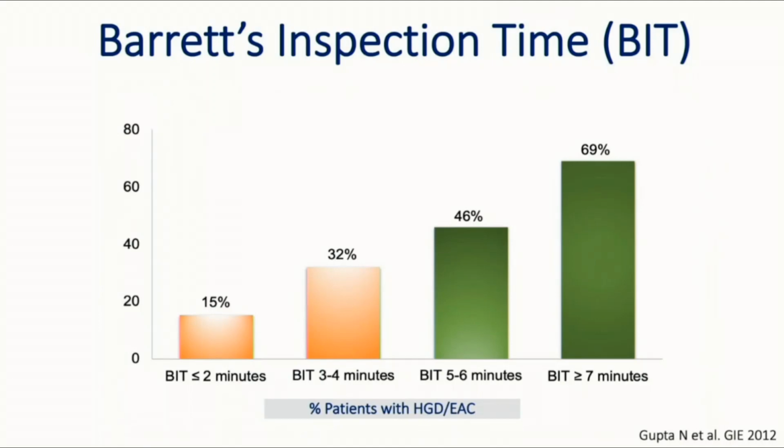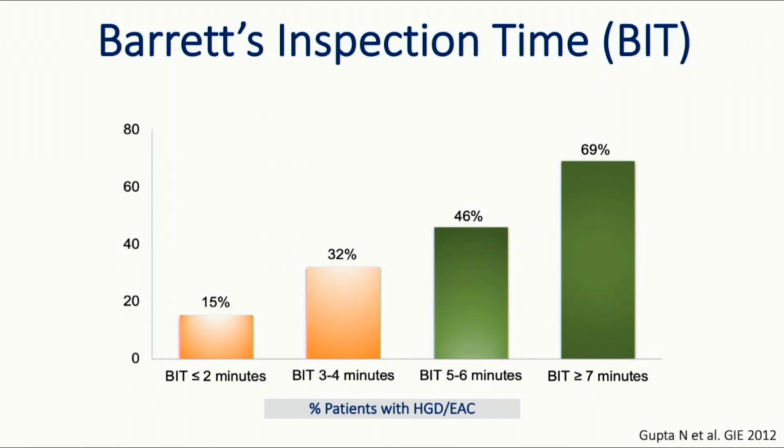So the next concept to remember is the Barrett's inspection time. The Barrett's inspection time is the amount of time you spend in the distal esophagus, washing, cleaning, and examining the mucosa. In this study, what was shown is that if you had a very short inspection time, about a minute or so, you had a very low detection rate of high-grade dysplasia and cancer.